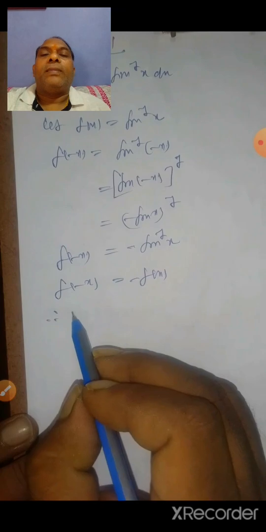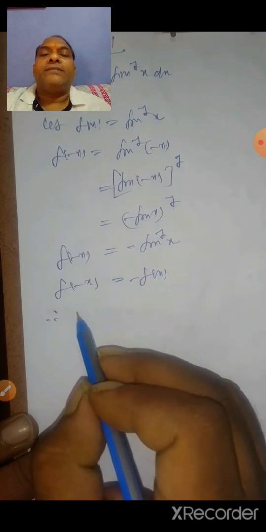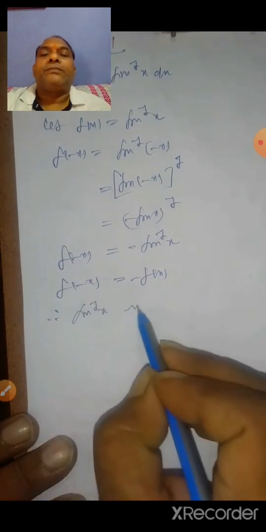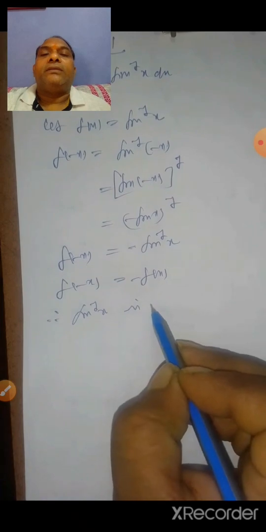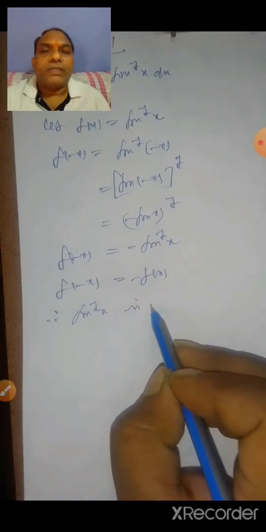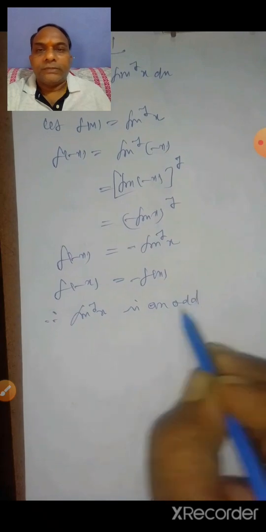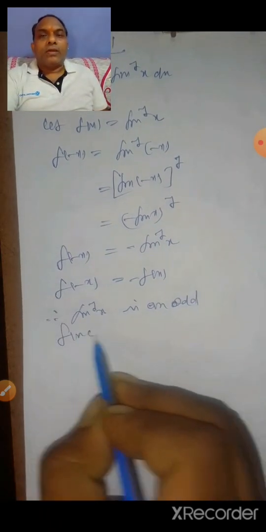Therefore sin to the power 7 x is an odd function. Odd function.